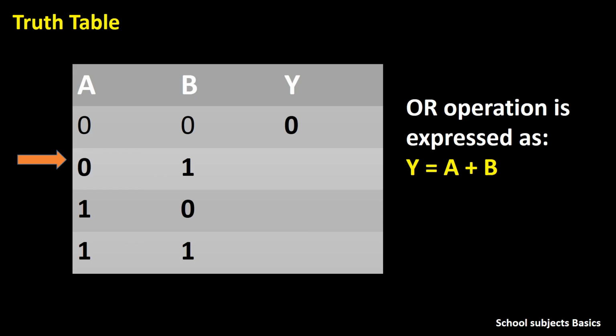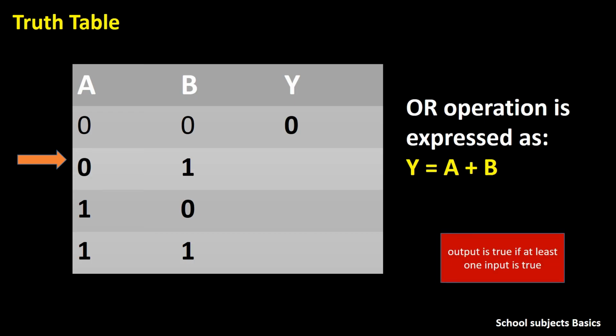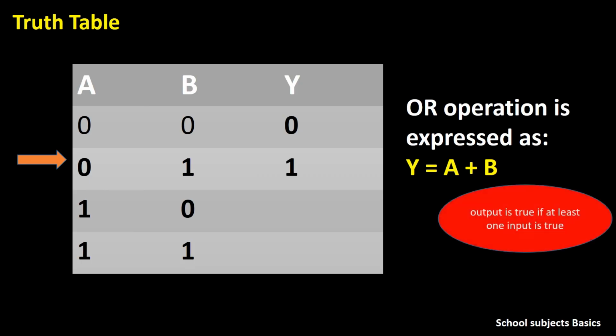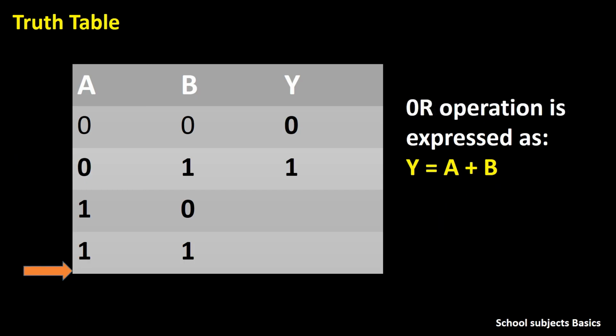Next combination 0 1. By looking at this, we can understand that one input is true. So the condition is that the output is true if at least one input is true. So thus the value is true, that is 1. Now we go to the next combination, that is 1 0.